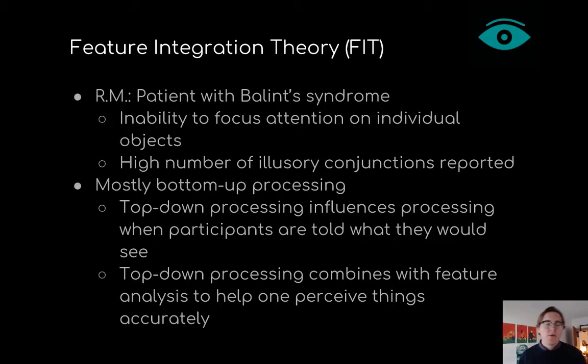This is a permanent thing for people with Balint's syndrome, and they have a high number of illusory conjunctions. Essentially, all of the objects in their field of vision, all of the stimuli they're receiving, they're much more likely to pair together and mismatch different features of different objects.